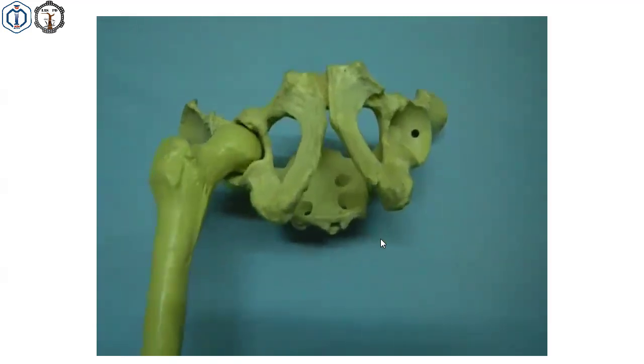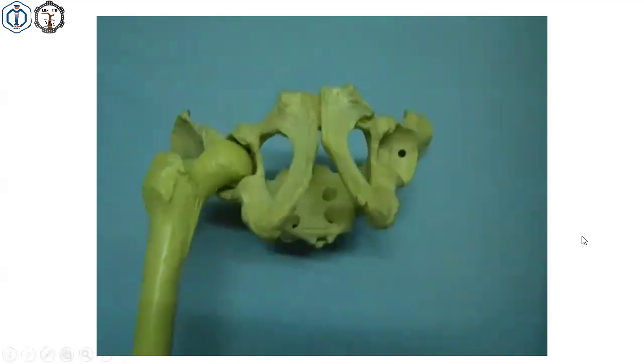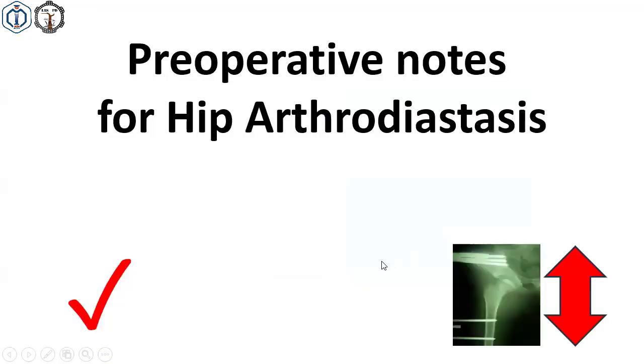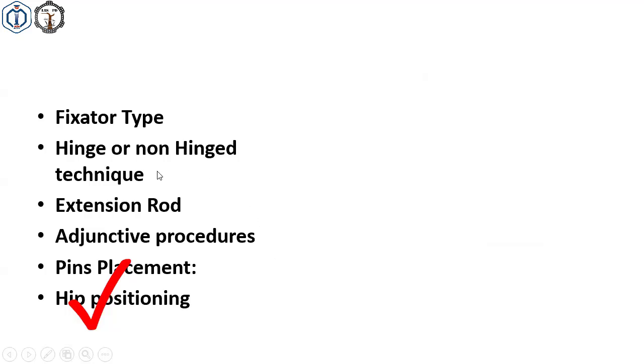As we will see here, containment is so important throughout our distraction histogenesis, or arthrodiastasis. Looking at what has been presented, I hope we covered the mandatory topics about fixator type, hinge or not hinge, extension rod, adjunctive procedures, pin placement, and position.